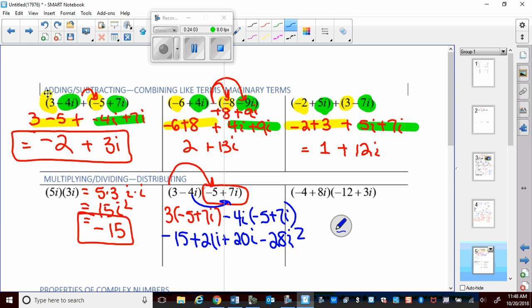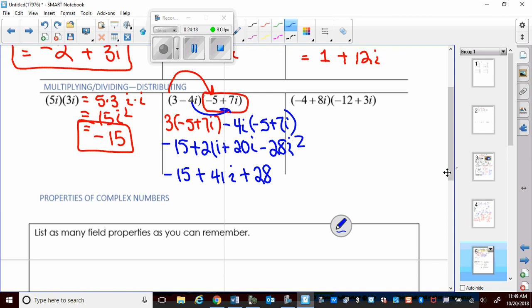Okay, simplifying, I have negative 15 plus 41i's, minus, so plus 28, because i squared is a negative number. Then I have another term to combine, and that's 15 and 28, and I get 13 plus 41i's. Final answer.